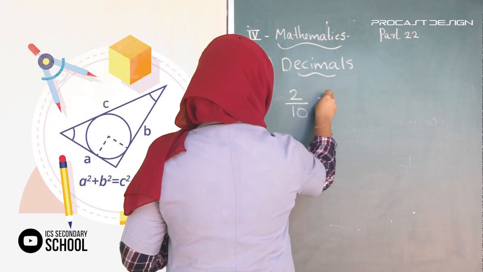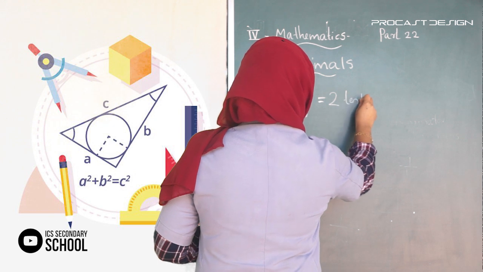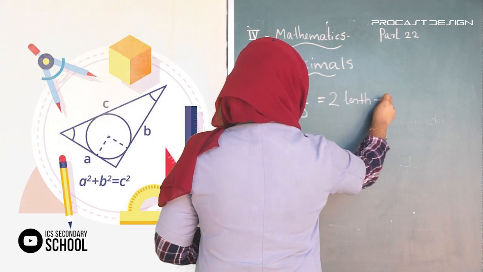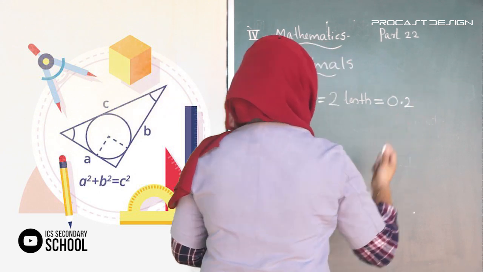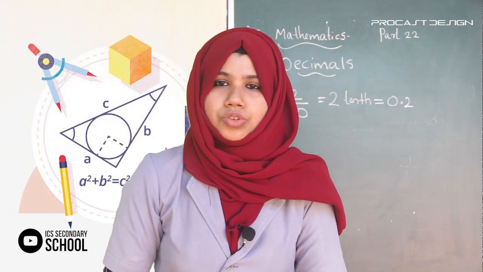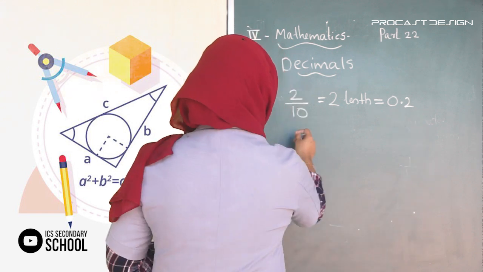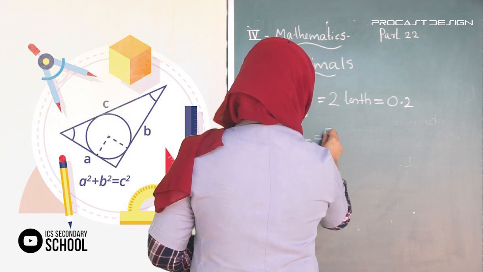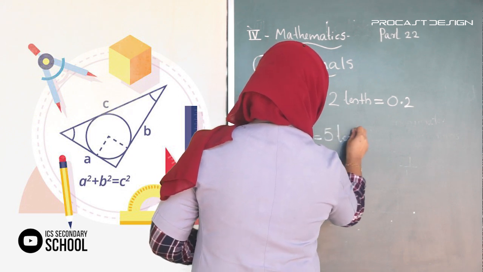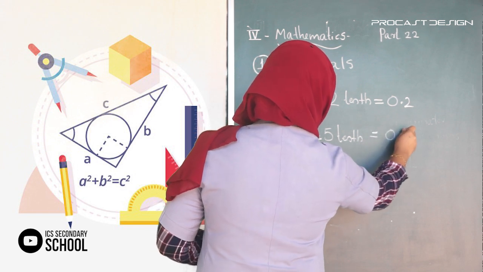2/10 means 0.2. Next we can write 5/10, and we can write it as 0.5.